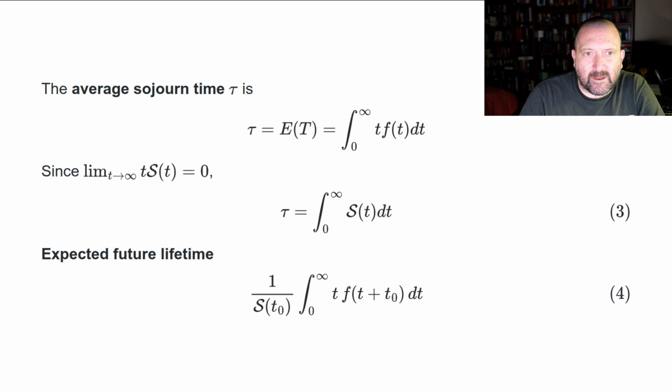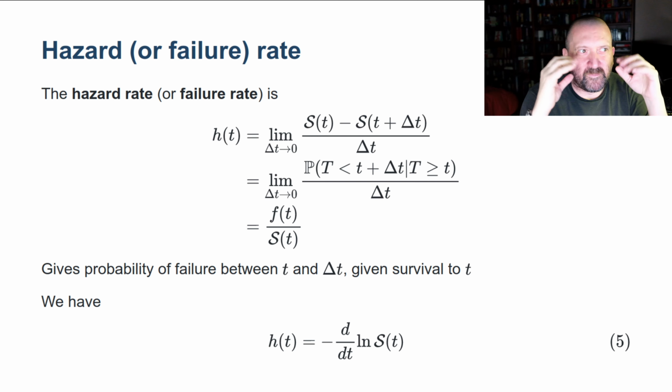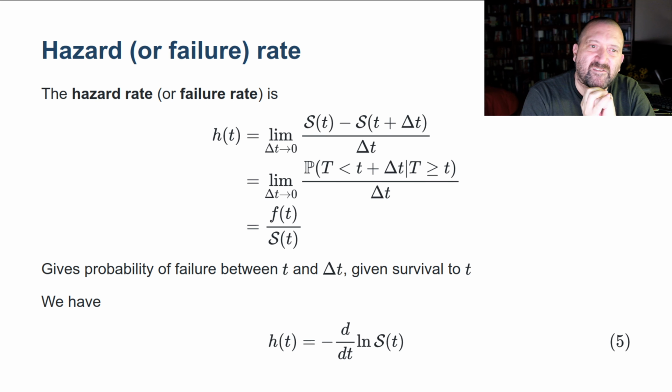Finally, one thing that I want to point out, because I'm not going to be using it explicitly here, but it's a good quantity to bear in mind when you're thinking about this type of problem, is what's called the hazard rate.